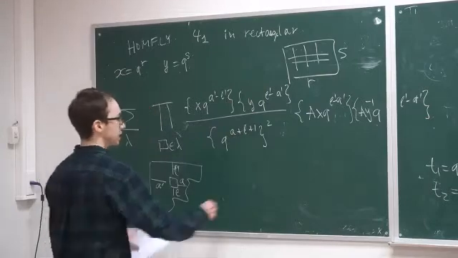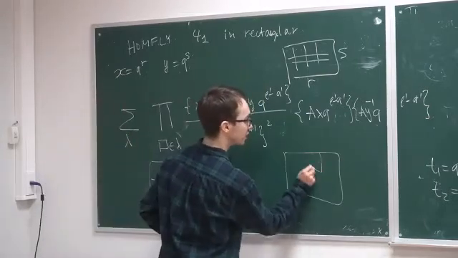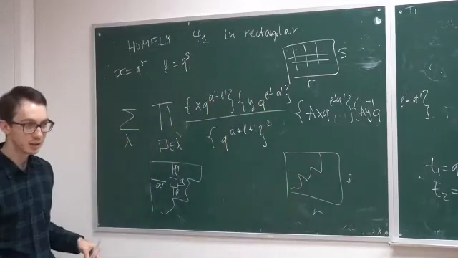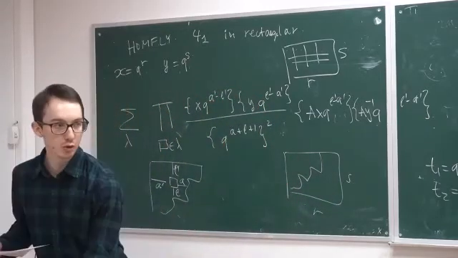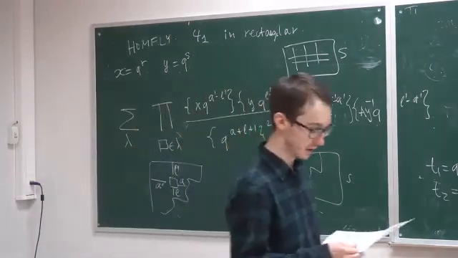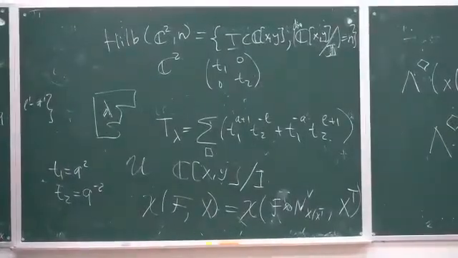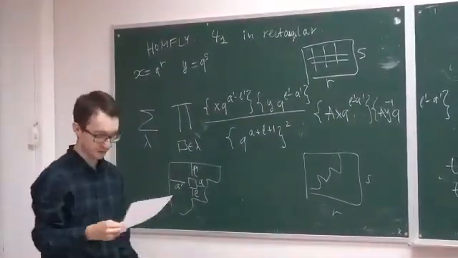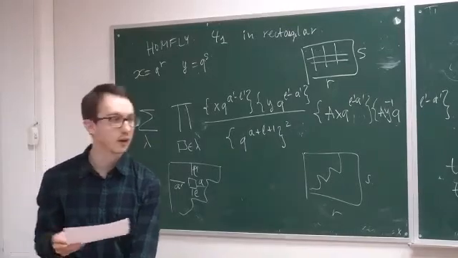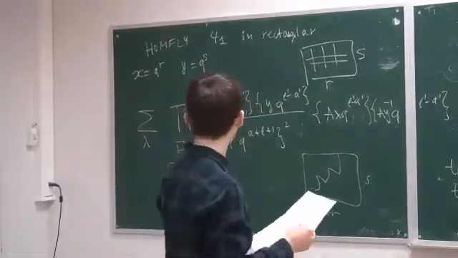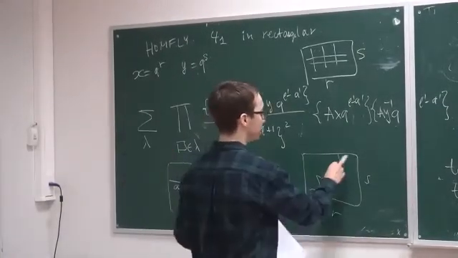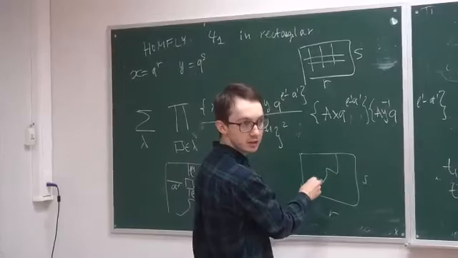The sum is restricted to partitions which fit into the diagram R times S. So it's a summation over some diagrams. Which were R and S? Yeah, X and Y, they are related with R and S. And also the summation over all diagrams, and diagrams which don't fit are automatically zero.